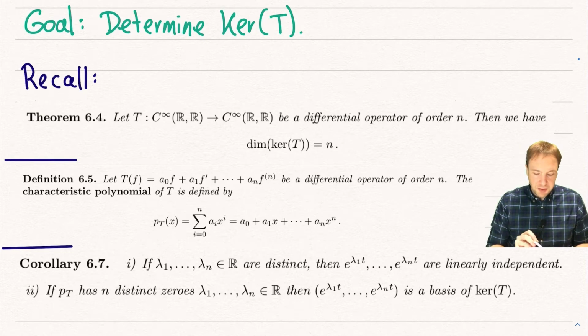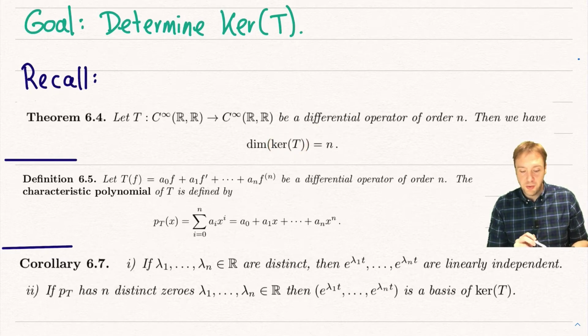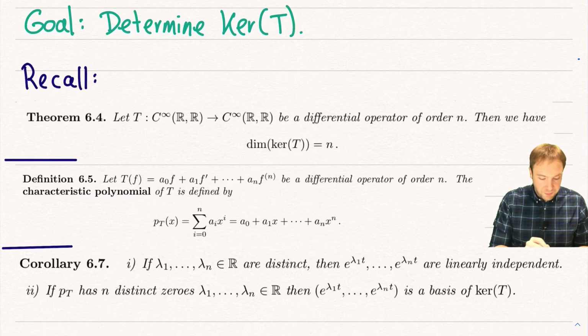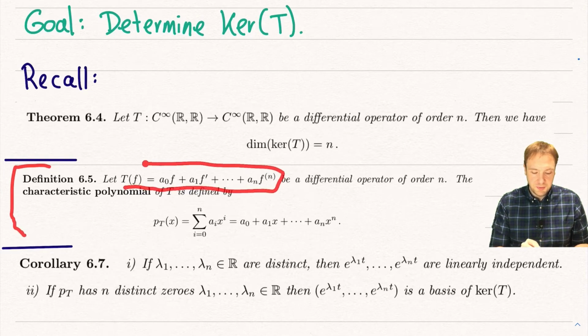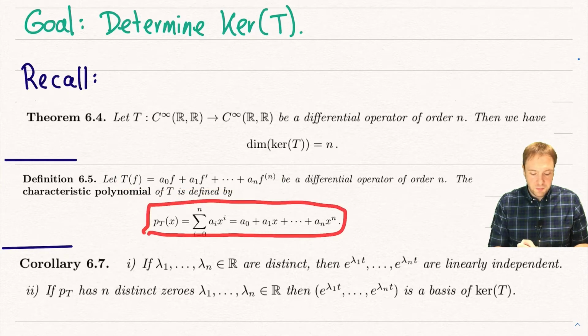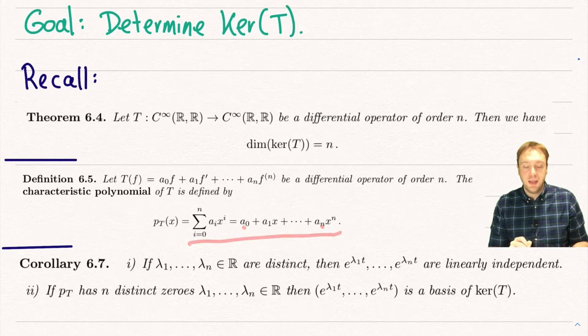But last time we considered a special case where we could write down all elements in the kernel of this differential operator T, in the case when T had a special shape. First we introduced the so-called characteristic polynomial of T. If T is given by this sum here, then we defined the characteristic polynomial for T, denoted by p_T, to be this polynomial here, where we just write these a_i in front of x to the i.